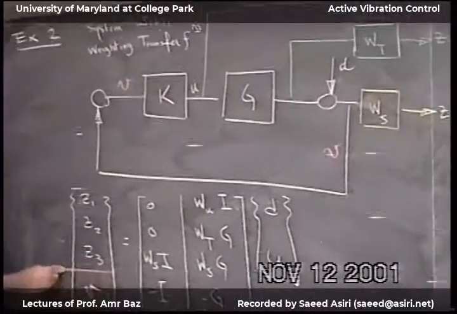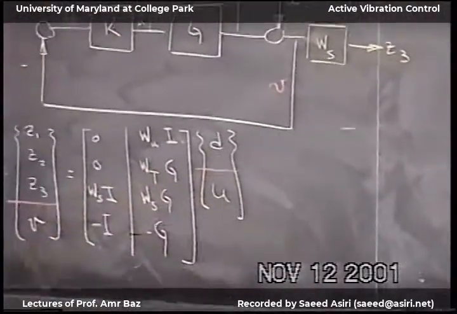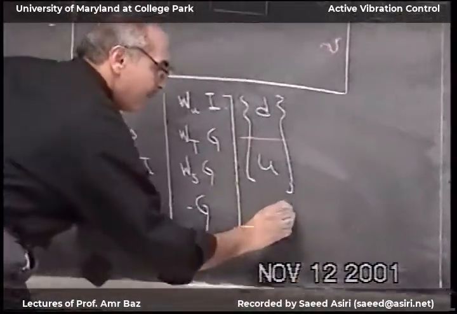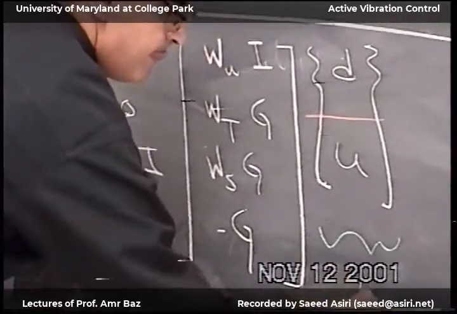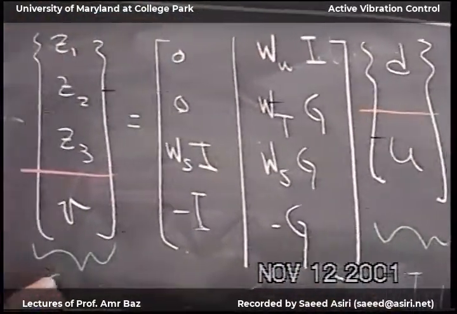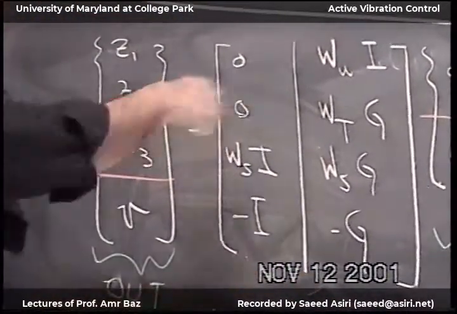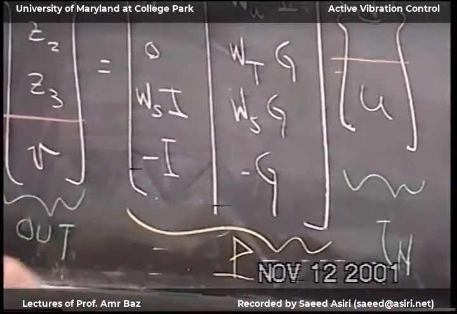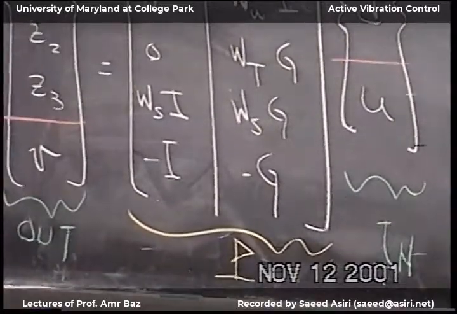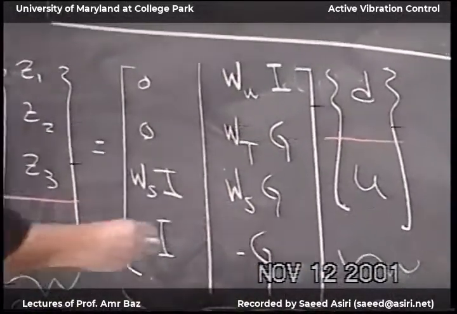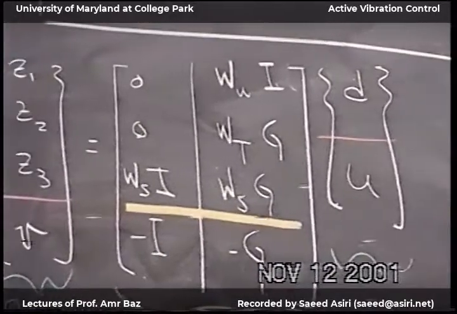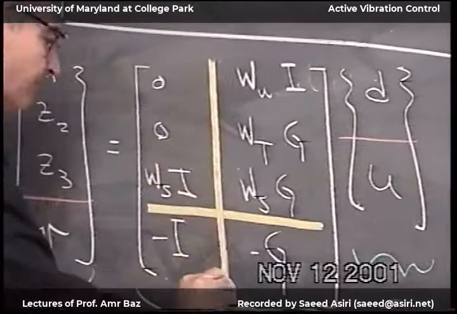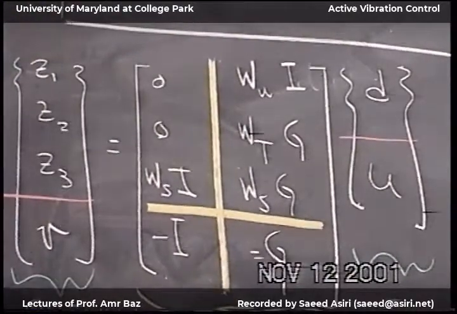I'm going to break this into 2 pieces like this. This is the inputs. And this is the outputs. And the relation is related by system P matrix, P. I'm going to break this like this. I'll partition the P matrix like this.